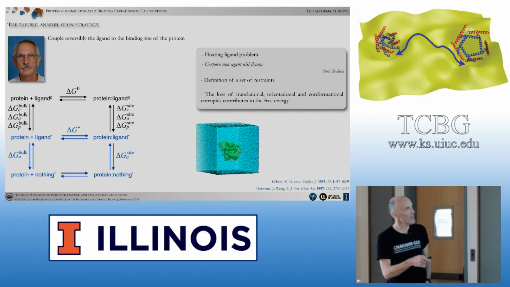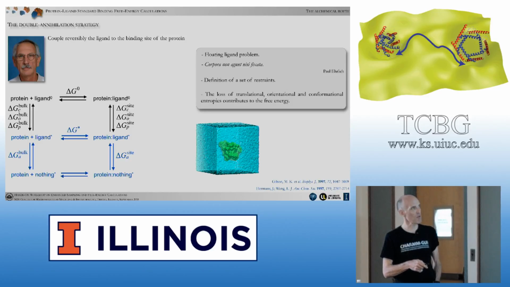So here is again the reaction or the equilibrium we are targeting, and we want to get this quantity. So instead of getting this quantity directly and calculating the vertical legs whereby we're transforming the ligand into nothing, we're going to go through this step.